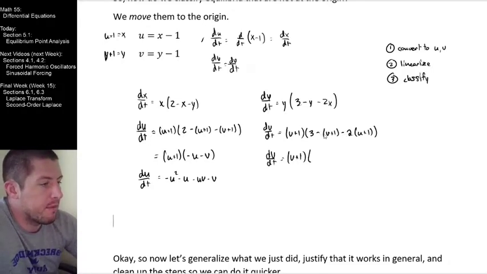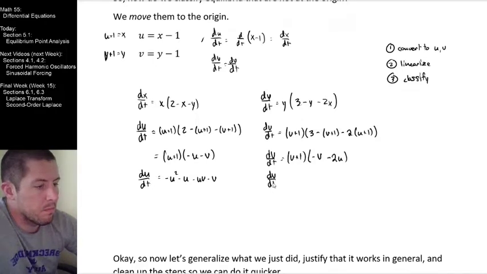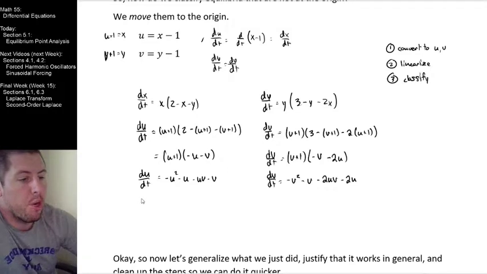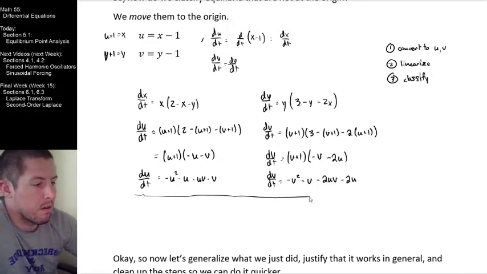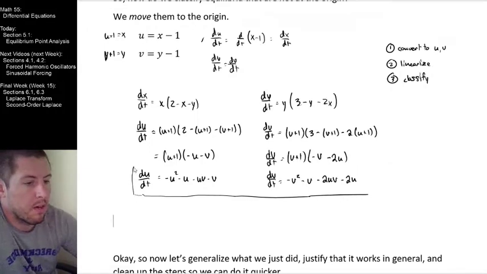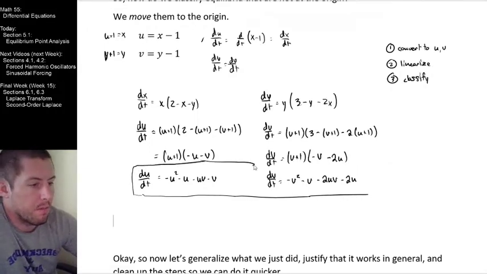I'm getting a negative v here and a negative 2u here. So I could rewrite this as negative v squared minus v minus 2uv minus 2u. So here is my new system, converted into u and v.